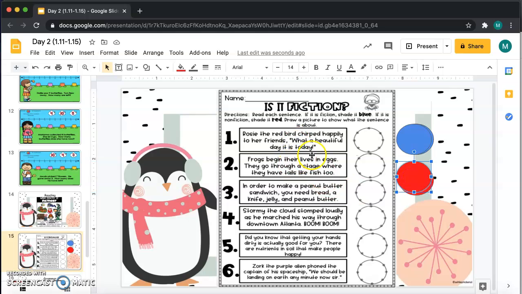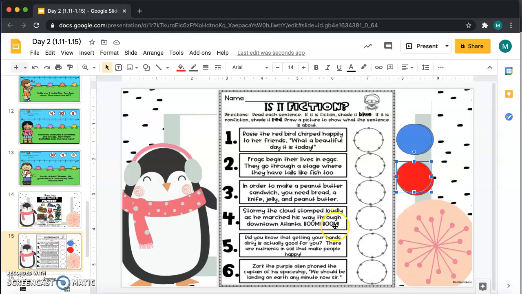Rosie the red bird chirped happily to her friends. What a beautiful day it is today. Is that fiction or nonfiction? Frogs began their lives in eggs. They go through a stage where they have tails like fish too. In order to make a peanut butter and jelly sandwich, you need a knife, jelly, and peanut butter.